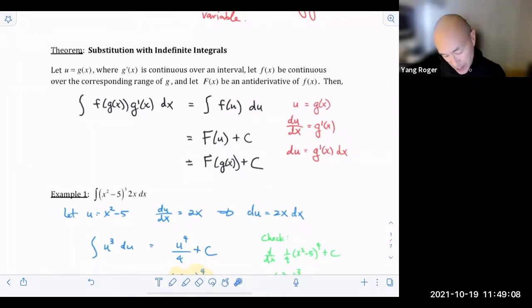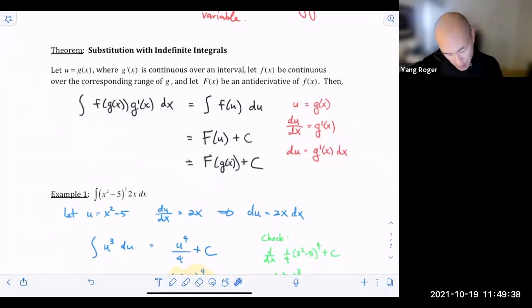Then you integrate everything in terms of u, and then you switch back to x. So when you do u substitution, you're looking to see what can I let u be so that my integral looks far easier. At the same time, you're looking to see that the derivative of your substitution is sitting there.